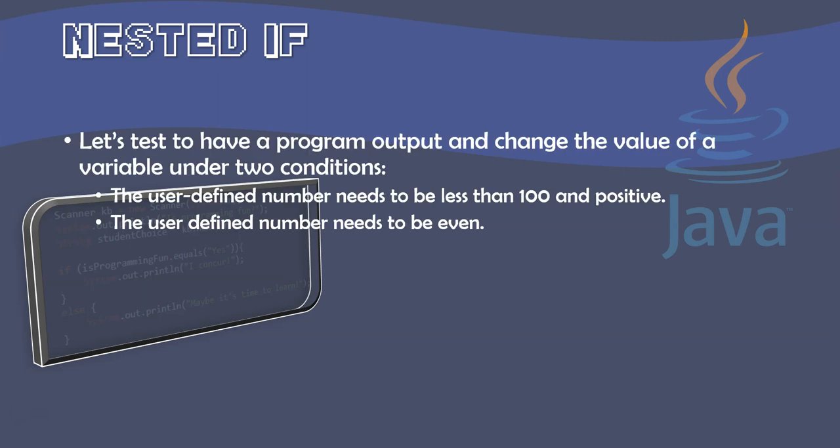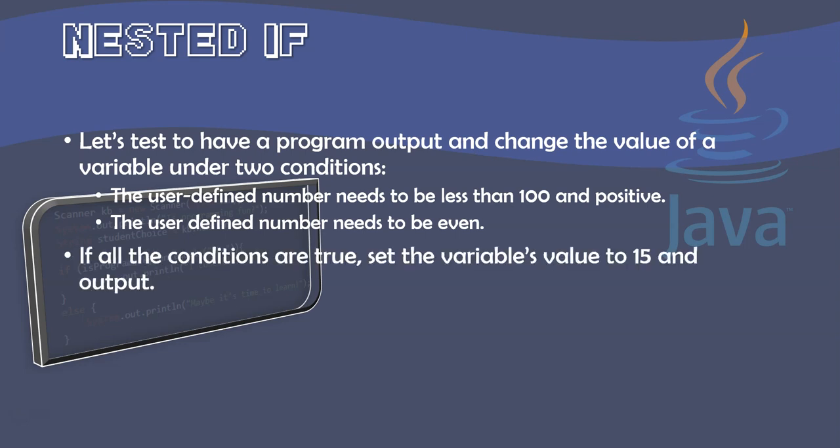So let's have a program output and change the value of a variable under two conditions. We're going to look at this with an example. Let's say our user-defined number needs to be less than 100 and should be positive, and we want that number to be even. Of course, we could do this with one long Boolean expression, however we want to do a little bit more with that.